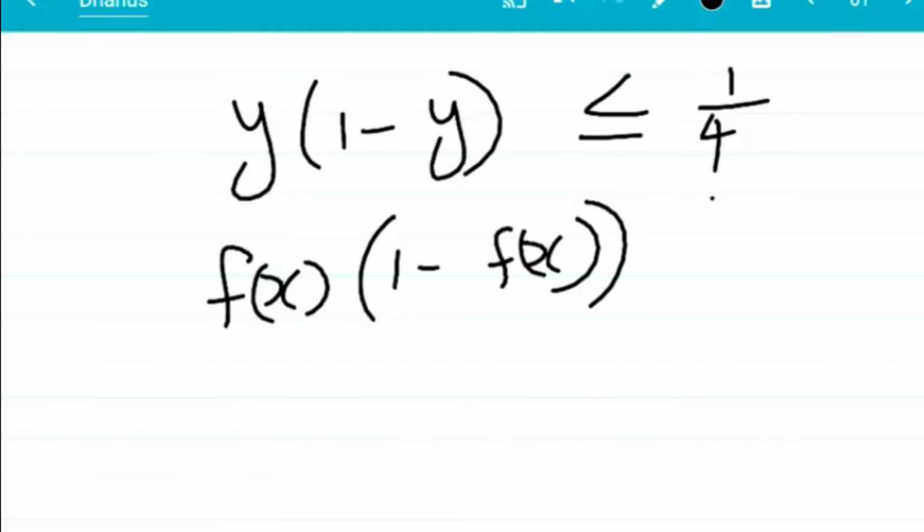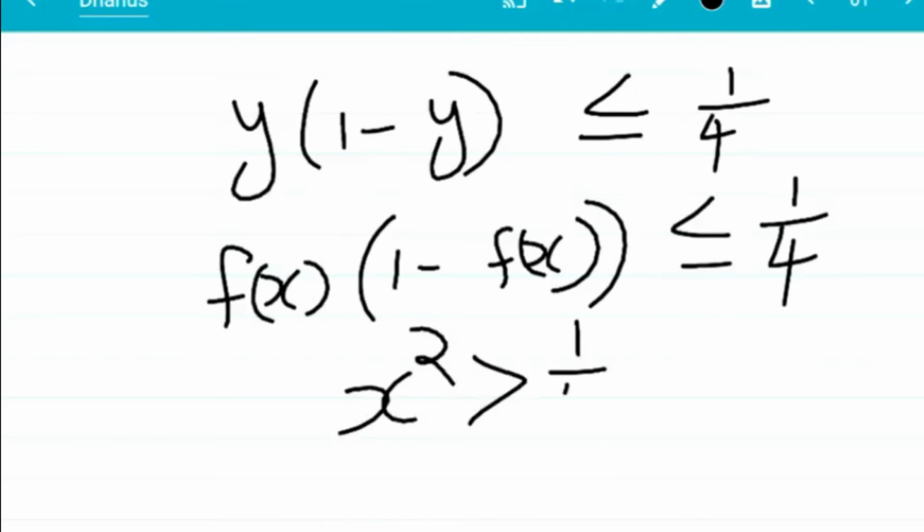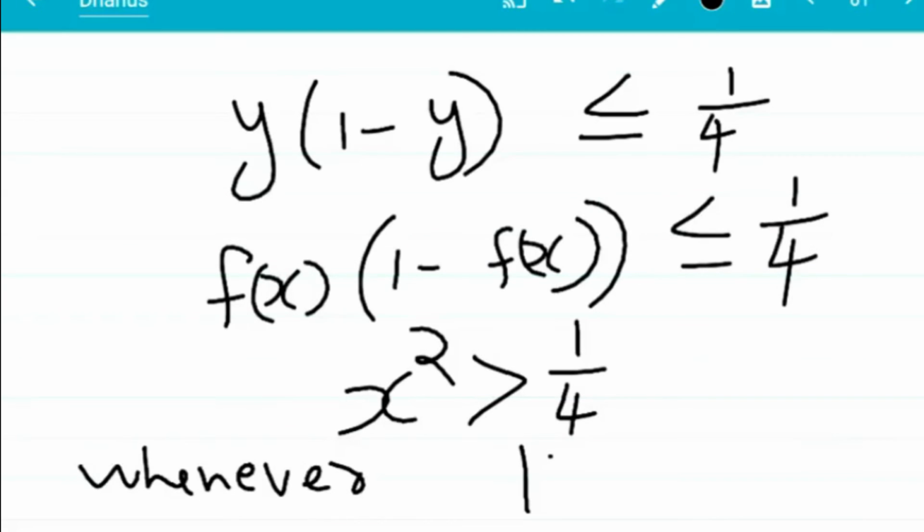But x square is greater than 1 by 4 whenever mod x is greater than 1 by 2. That's why such a function does not exist.